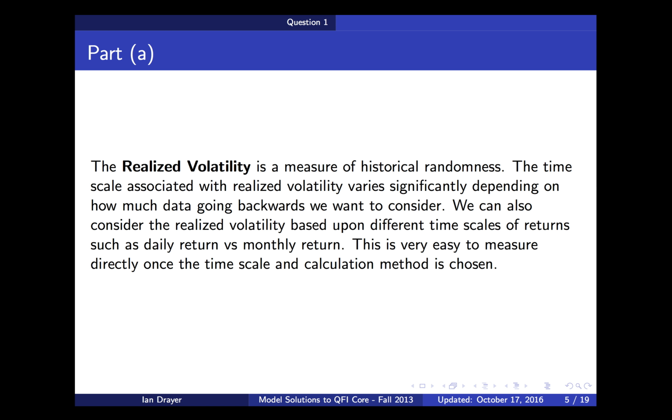These volatilities change significantly based upon the volume at which the underlying asset is traded, and it becomes very easy to measure the realized historic volatility since we know the exact details of the time scale and the calculation method.